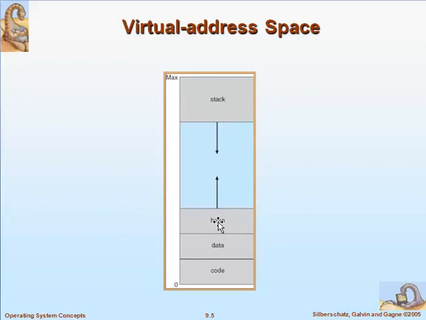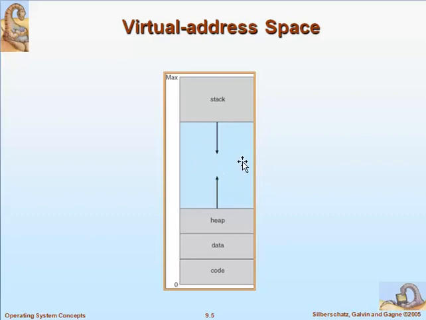The heap is used for dynamic memory allocation, and in between you see a blank space, which we call a hole. So this hole in between the stack and the heap is part of the virtual address space.